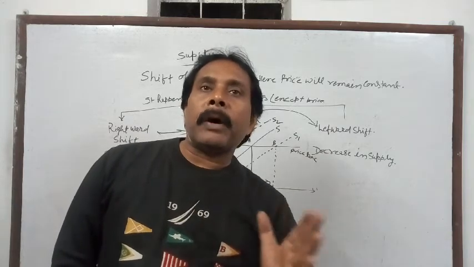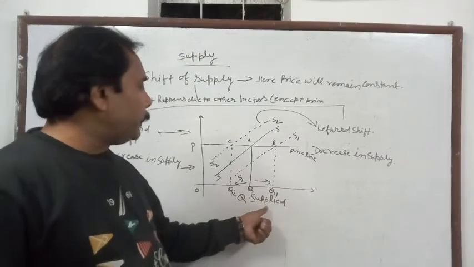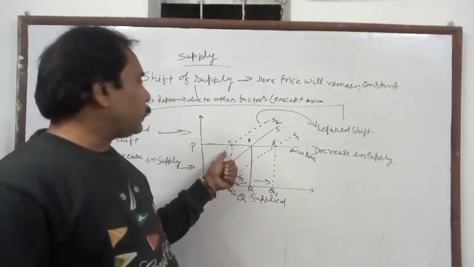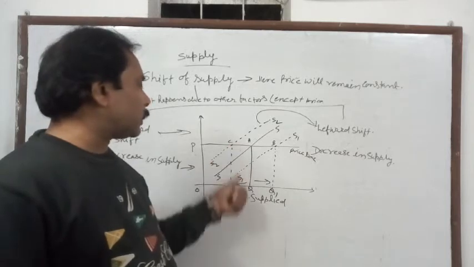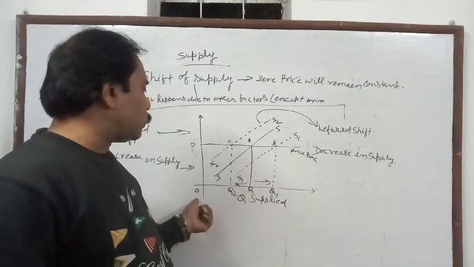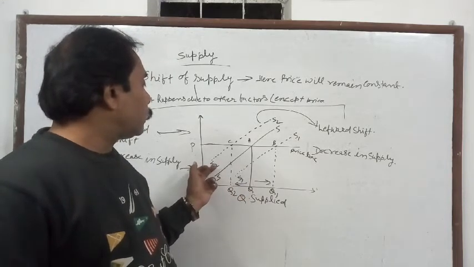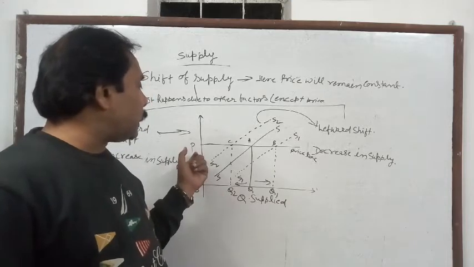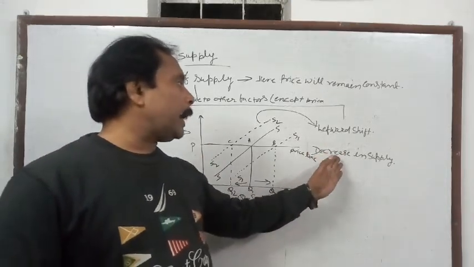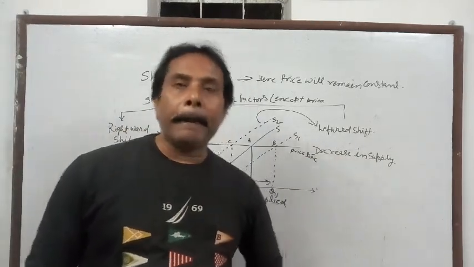Due to that, the firm is ready to supply less quantity. So, the supply curve will shift leftwards, which intersects the price line at C. So, initial supply was OQ, which has reduced to OQ2. So, it indicates that if there is no change in the price, however, the supply has decreased, and that is known as decrease in supply.